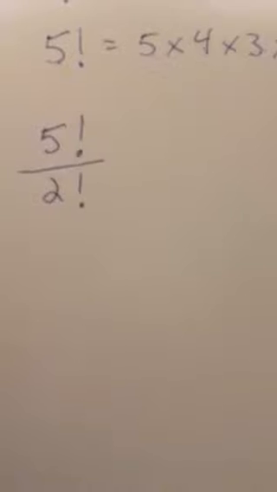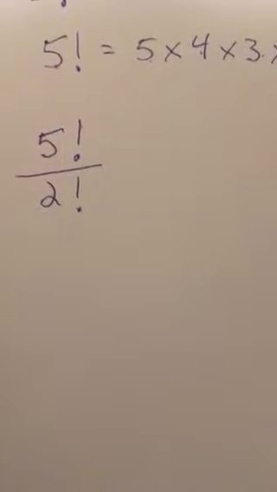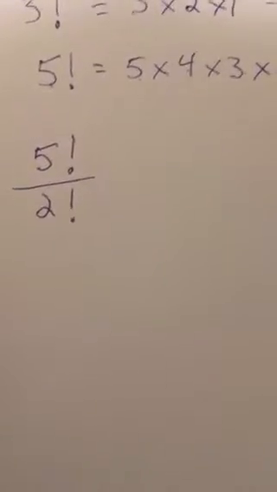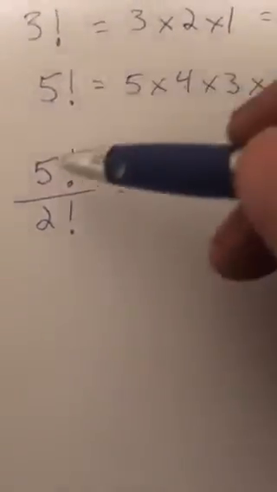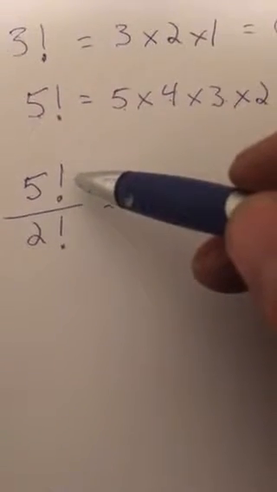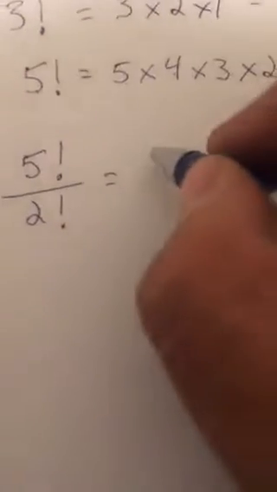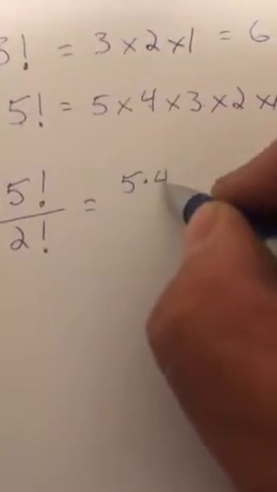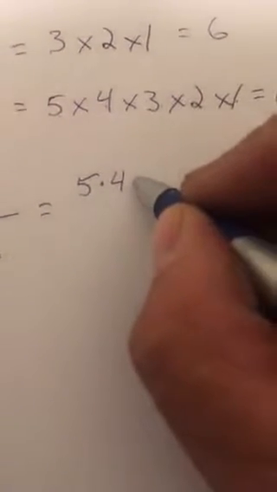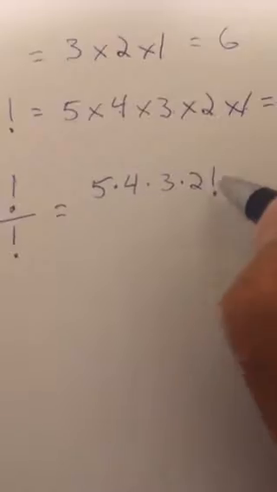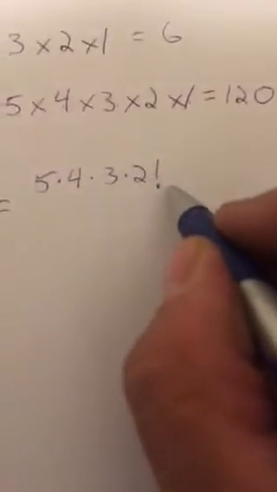So if you see this, and this is what you could use for permutations, you can easily simplify them. We know that this is 5, well, we have written there, 5 times 4 times 3 times 2 times 1. If we multiply part of it, 5 times 4 times 3 times 2 factorial. So 2 factorial is just 2 times 1.